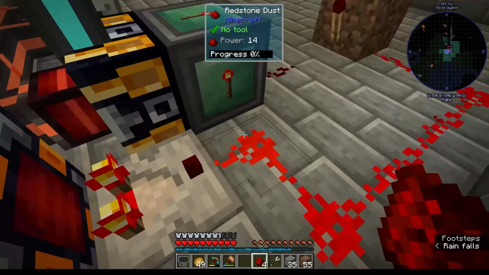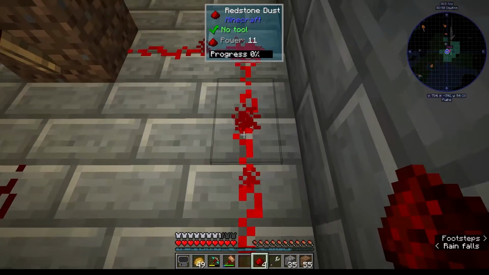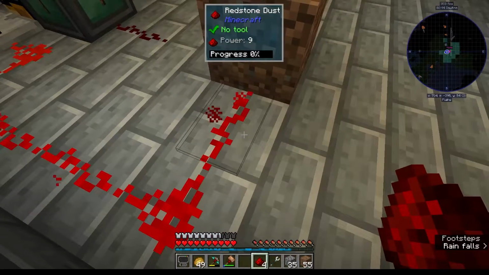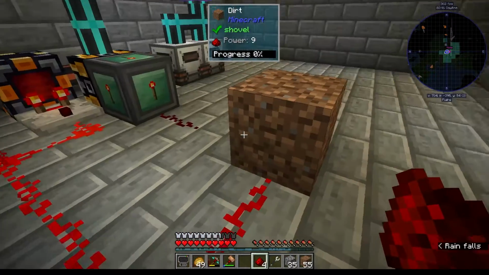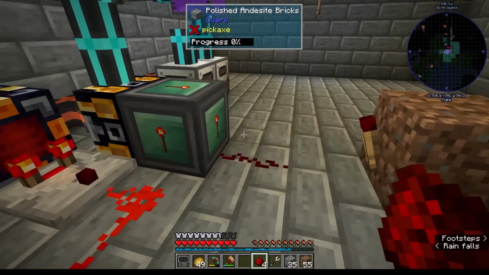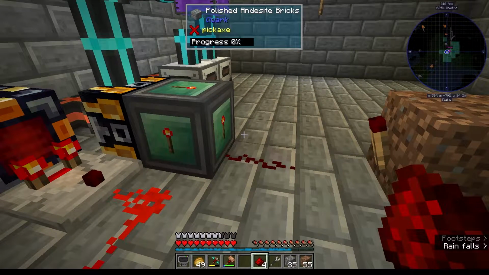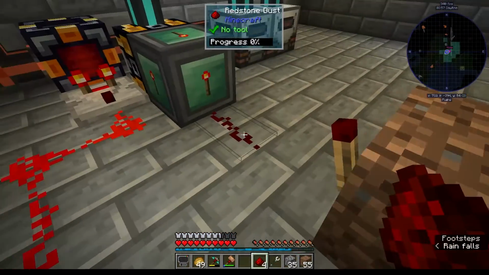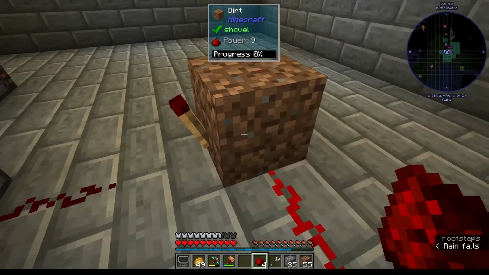So our power is 14, 13, 12, 11, 10, 9, technically, but we could put a repeater there and it'd be 10 instead. But 9 is fine. So what I'm saying, I hope, is that when this guy is 9 or less full, we'll kick on this generator.